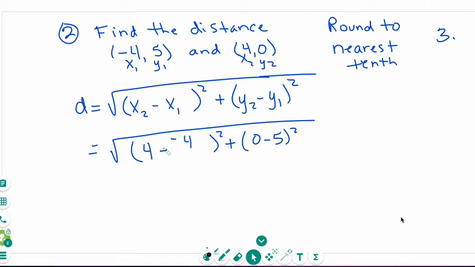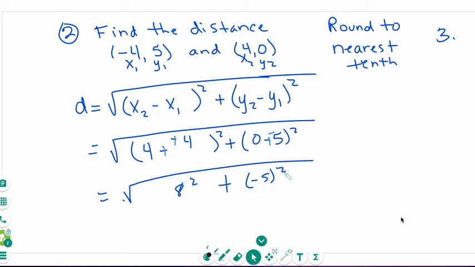We're going to keep, change, change. And now we're going to go ahead and combine our numbers. So equals, sorry, try that again. 8 squared plus negative 5 squared.